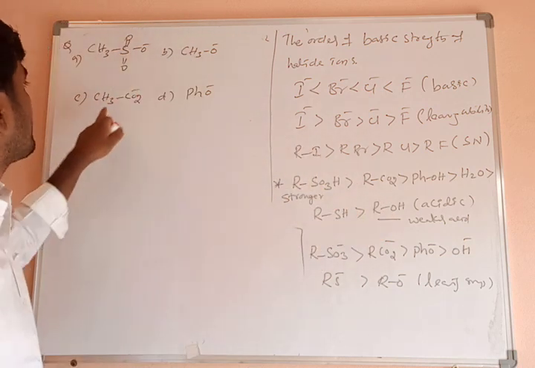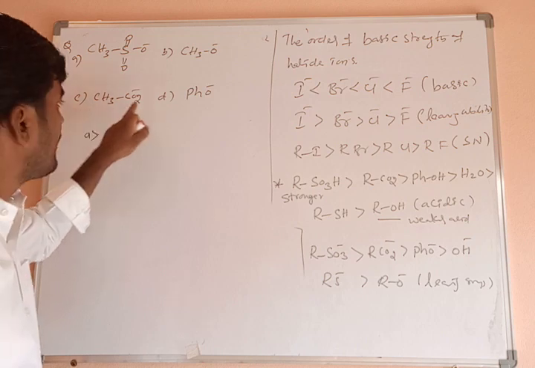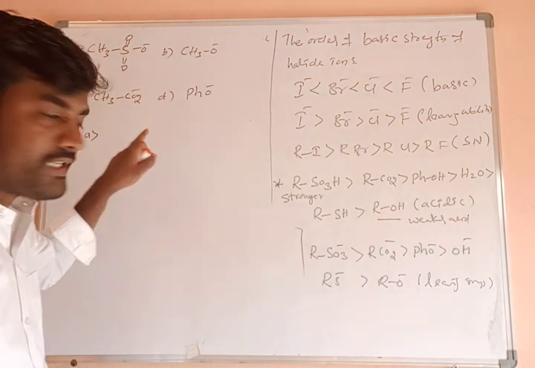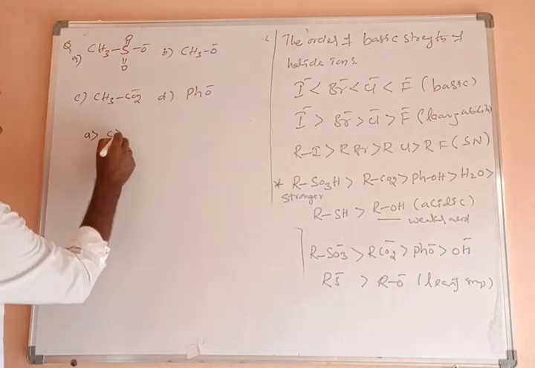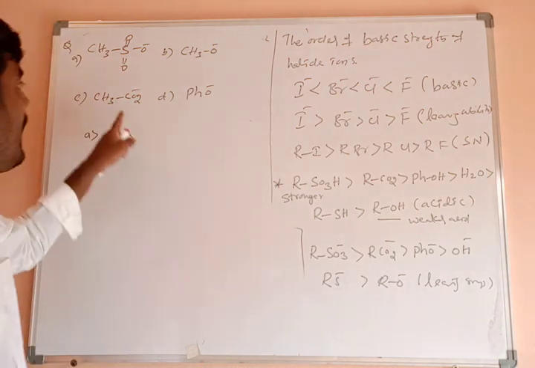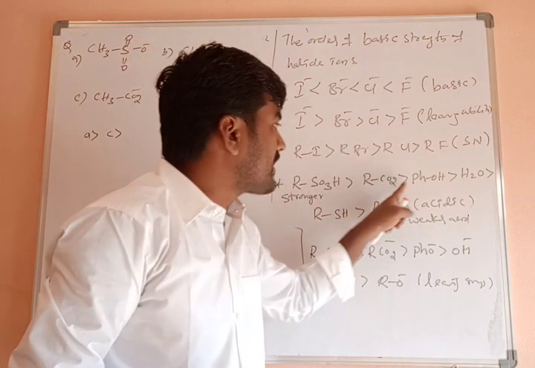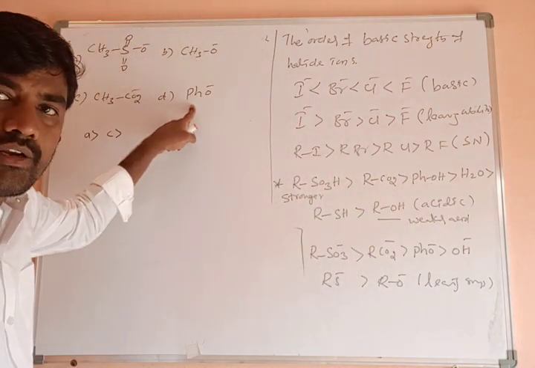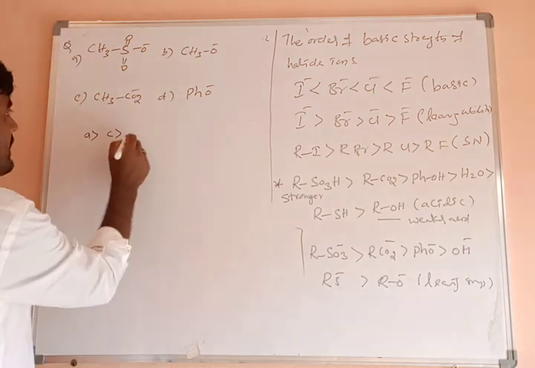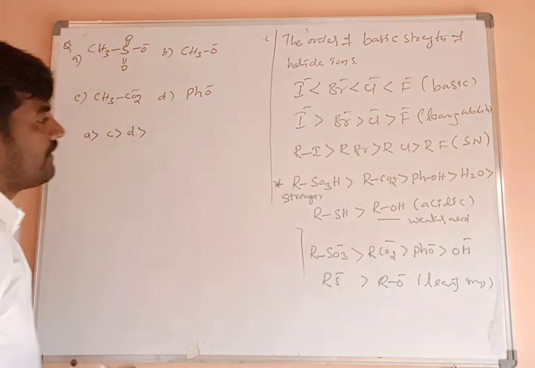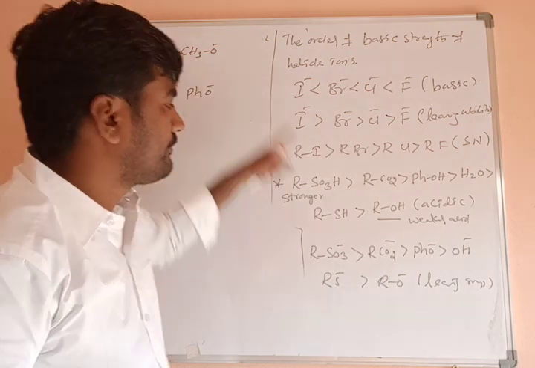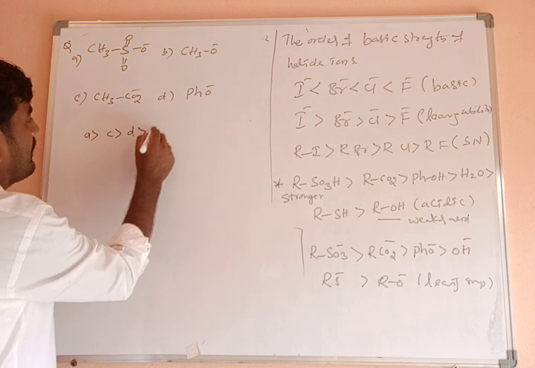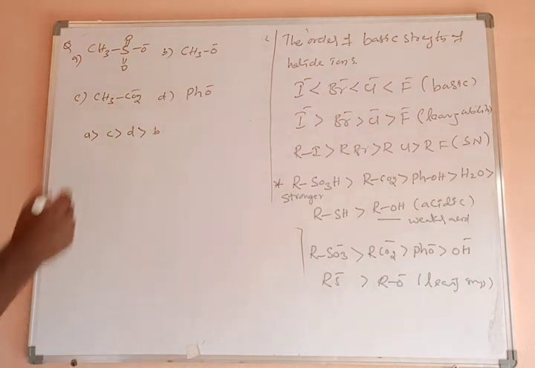Carboxylic acid means CH3CO2 negative, that is C. Next, after the carboxylic acid, phenol is there, so the phenoxide ion, D. Next leaving ability is the phenoxide ion. So D is greater than alcohol. Alcohol is the last one. Clear? Next B. This is the leaving ability of the given compounds.